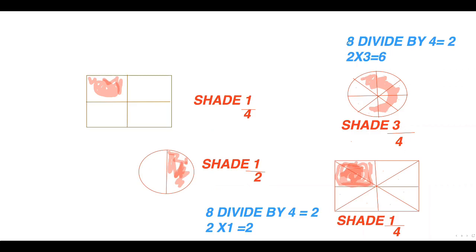So we did 8 divided by 4, which gave us 2. 2 times 3, because the top number is 3, gave us 6. Same with this one, there were 8 slices, we had to shade 1/4, we divide by the bottom, which was 4, then times it by the top, which was 2 times 1, gave us 2.